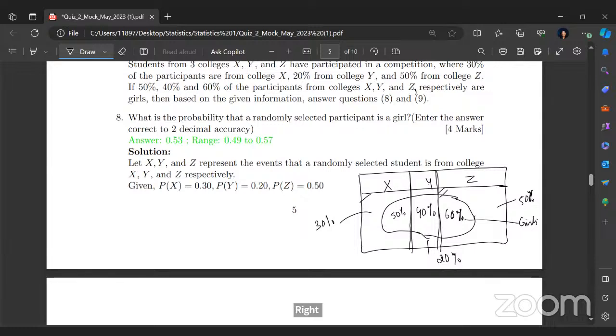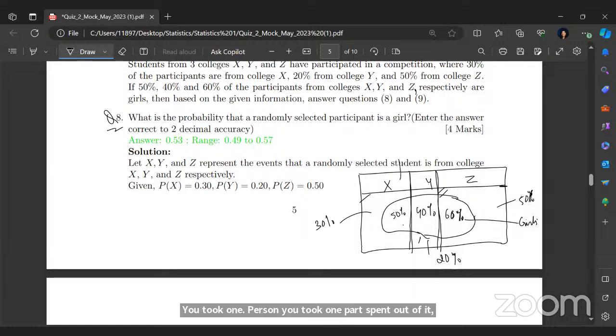Now, the question that is asked is, what is the probability that a randomly selected participant is a girl? So let's say from this whole bunch of people who are participating, you selected one, you took one participant out of it, right?